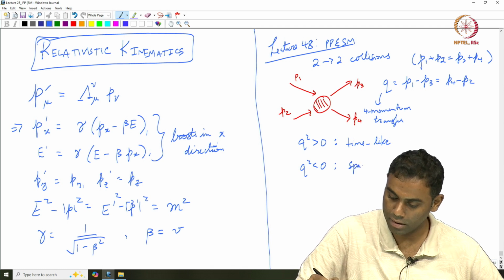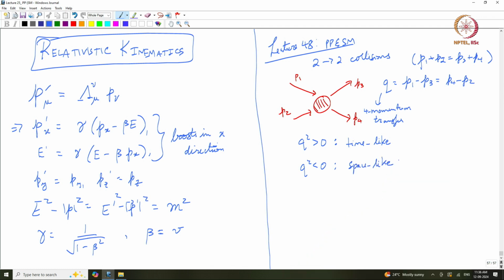This is space like, yes. So again I stand corrected, I meant space like is what we would actually want. Time like is what does not happen. So space like would mean this can accommodate a scattering process.